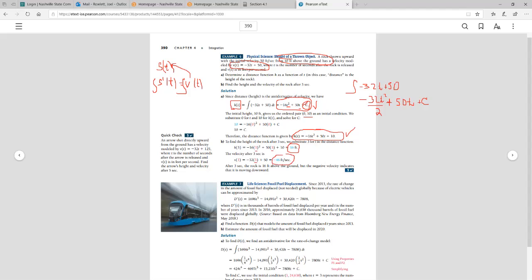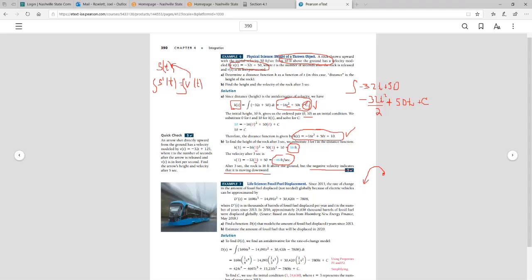After 3 seconds, the rock is 16 feet above the ground, but the negative velocity indicates that it is moving downward. In other words, they threw it up from a height of 10 feet, and 3 seconds later, it has come back down, and it is now 16 feet above ground.